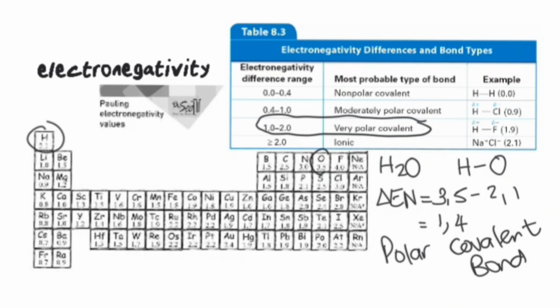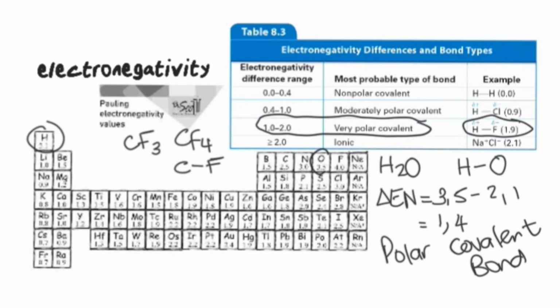All right, another example is HF, hydrogen fluorine, which you can see here in the examples is 1.9, making it a polar covalent bond. All right, the last example for polar covalent bond that I'm going to be using is CF4. There's a C-F bond, and that's for both molecules.